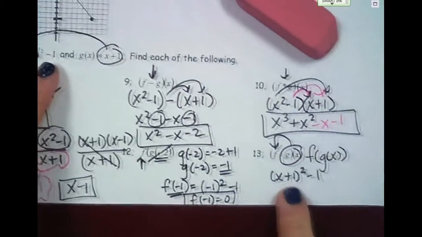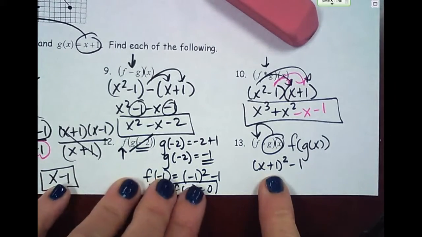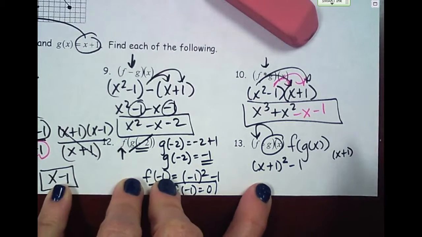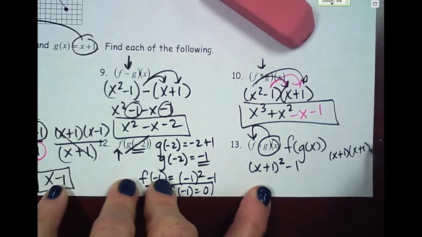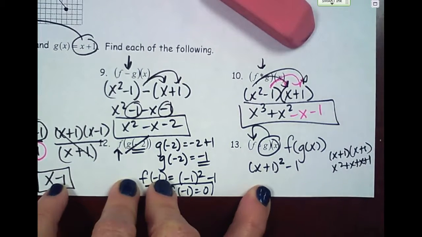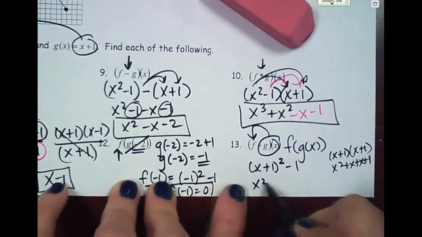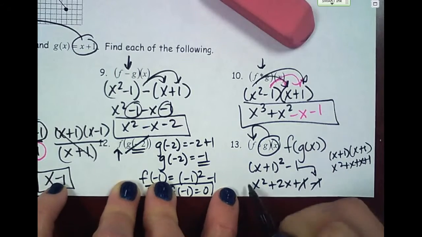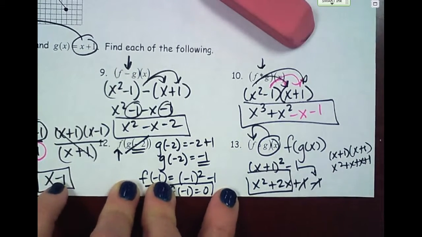You have to be careful because x plus 1 squared, you actually have to FOIL that out. That's x plus 1 times x plus 1, which is x squared plus x plus x plus 1. When you combine like terms, you get x squared plus 2x plus 1, and don't forget to drop down this minus 1, which cancels. So there's your answer.